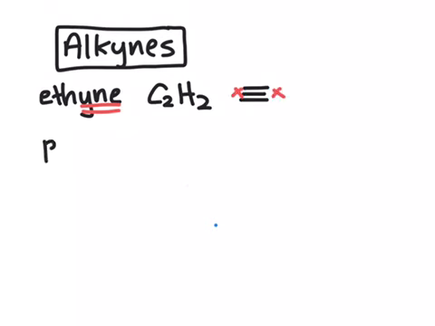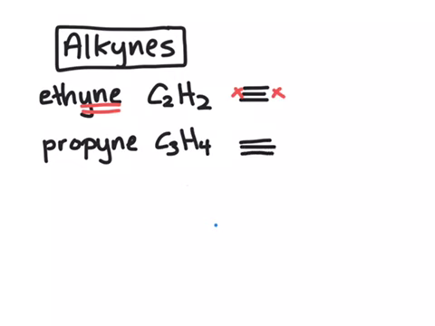Next up would be propyne, C3H4, and in propyne, we have our triple bond, and then we have our other carbon. Now in this, we have a carbon atom here, here, and here. The reason I've drawn propyne this way is because when there is a triple bond involved, the shape around the carbon atom must be linear because there's only 2 electron domains around that carbon atom.